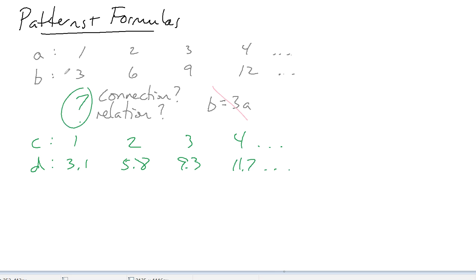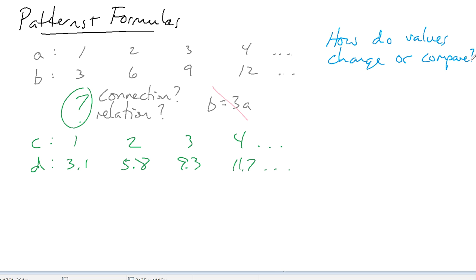Just saying that D is equal to 3 times C would fail, because not one time does that work. So it's not necessarily about how to calculate one from the other. It's about how the numbers change. That's what you're looking at, how the values change, or maybe compare is more specific.